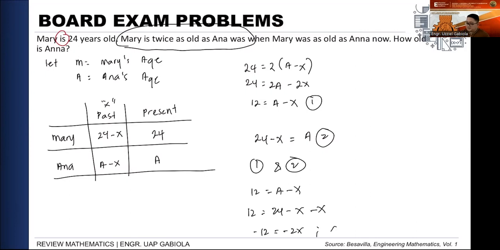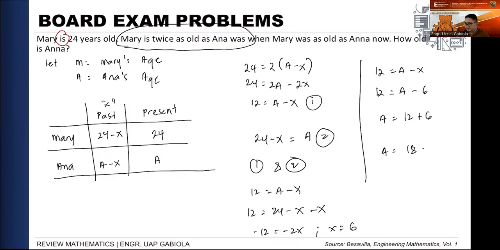So once na nakuha natin yung x is equals to 6, so pwede natin gamitin any equation. So 12 is equals to A minus x. Ang hinahanap natin is edad ni Anna. Equals to A minus 6. So A is equals to 12 plus 6. Or Anna is how much? 18 years old. So ito yung edad ni Anna.